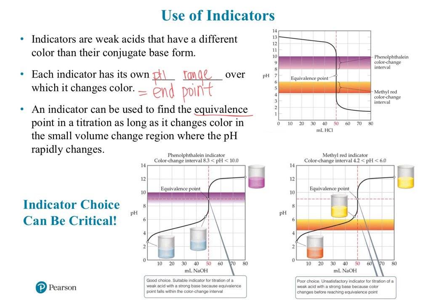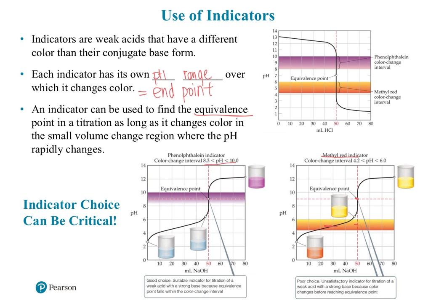So for example, methyl red changes color somewhere between pH 4.2 and 6. So if I have an equivalence point up at a pH of 9 for that acid, then my indicator is going to change colors way earlier than I've hit my equivalence point. Phenolphthalein changes color between 8.3 and 10.